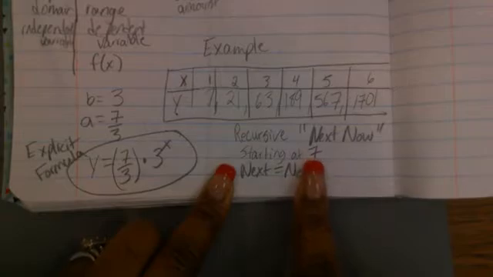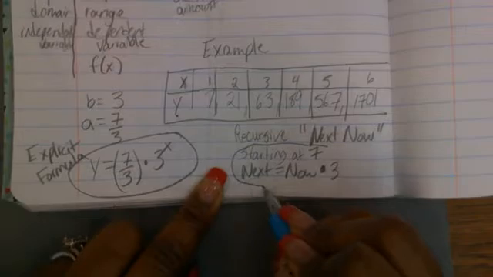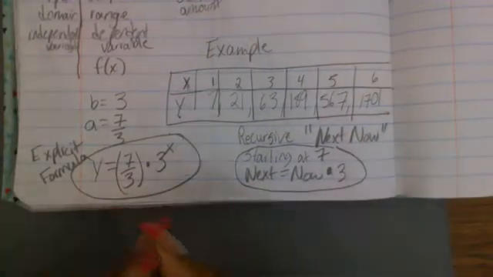Most of the time it's the first number that you see that you're going to use as you're starting at for recursive. So we're starting at number 7, and we're going to say our next number is always going to equal whatever the current number is, that's our now, and you're multiplying by 3 to get to the next number. So I'm going to use a dot times 3. And so this is my recursive formula because I have to use the previous number to get the next number.